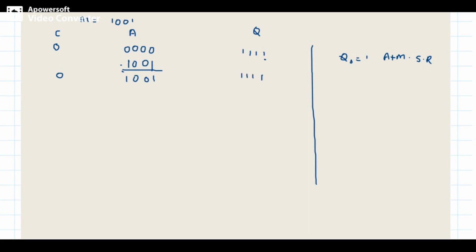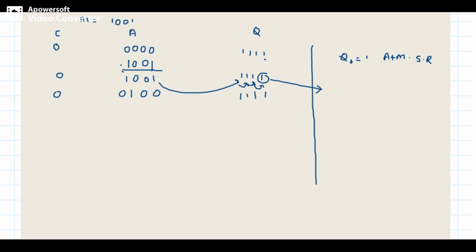Now I have to shift the entire partial product right. If you shift right, this last bit will be omitted, and each bit will come to the previous position, followed by 0 0 1 0 and 0. So this completes the first cycle.